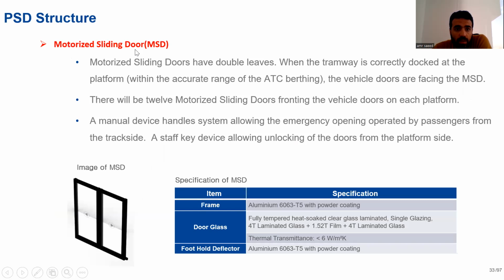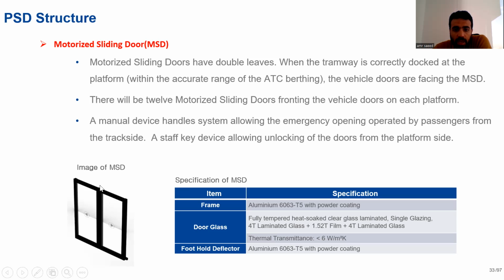Here it is, the motorized sliding doors, which is a very important, essential component. It is composed of two double leaves, and it opens and closes when the tram correctly docks in the station, and when the tram leaves the station.